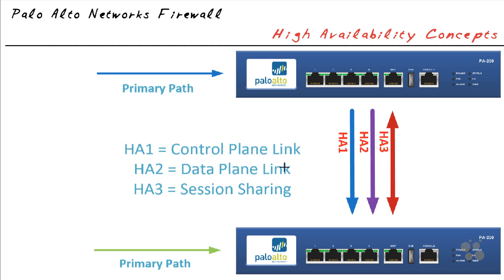The data link, this part right here for session sharing, is for awareness. This link is 1 gig interfaces by default. If you're running into a scenario where this is becoming overly utilized or you're worried about that, you can, on larger devices, also create aggregate interfaces. So if I have lots of interfaces available, I may pair 2 or 3 together, and so now I have a 2 gig link or a 3 gig link, or I believe upwards of 8 is the maximum I can do.